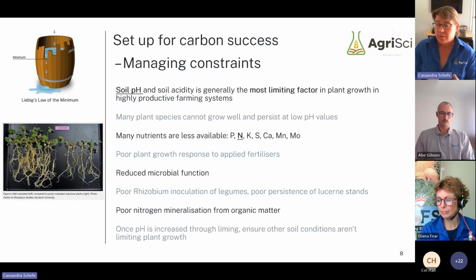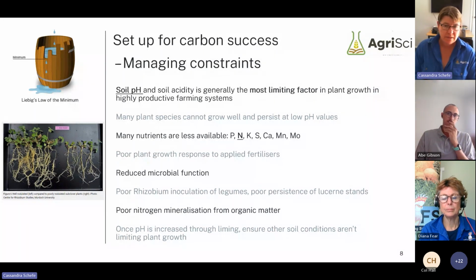We have poor rhizobium inoculation of our legumes. We have poor persistence of lucerne stands. Everything just doesn't have the guts that it should. The other thing that we don't tend to consider is that we also end up with poor nitrogen mineralisation from organic matter, so we're not getting the value of that organic matter in the system for our end supply into our plants.